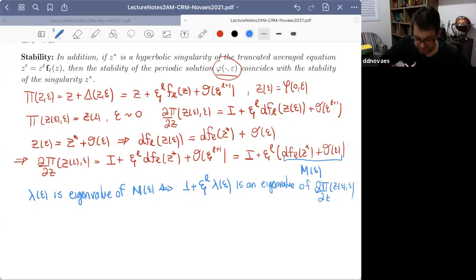So we can study the eigenvalues of the derivative of the Poincaré map in terms of the eigenvalues of the displacement function.